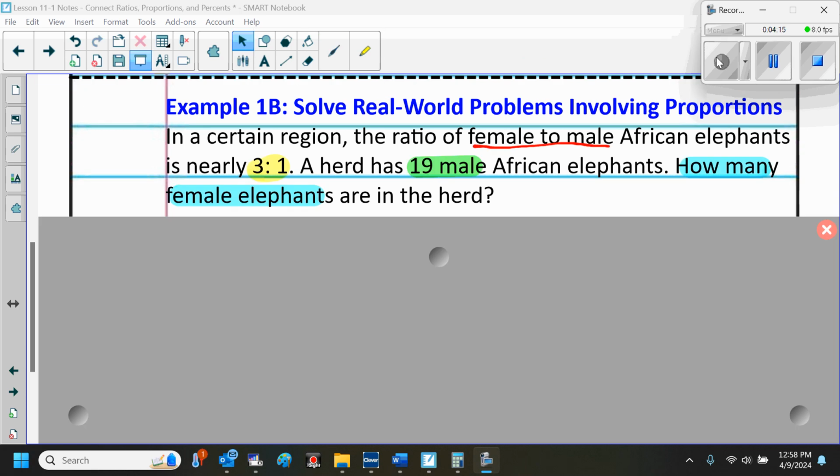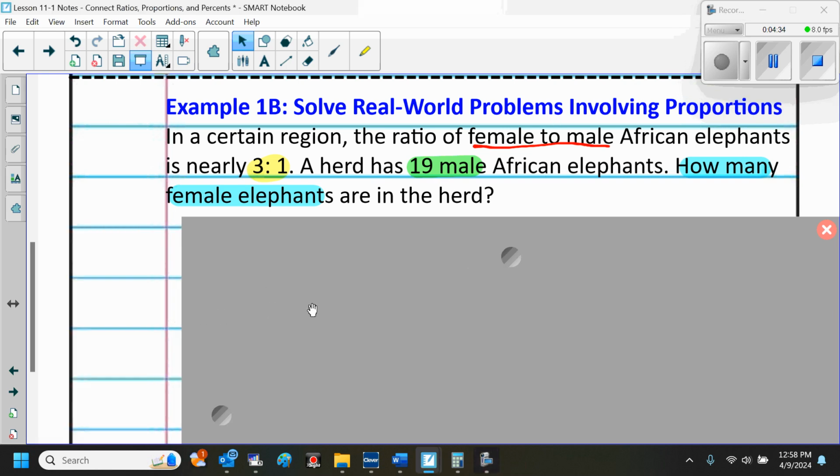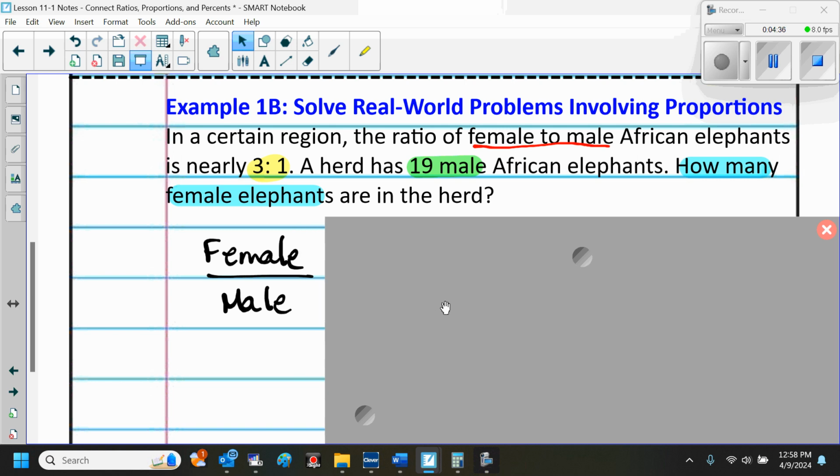All right, so here is our important information. In a certain region, the ratio is female to male, so 3 to 1 is female 3, male 1. A herd has 19 male elephants. If I'm doing female to male, that 19 goes where? In the numerator or the denominator? The denominator.